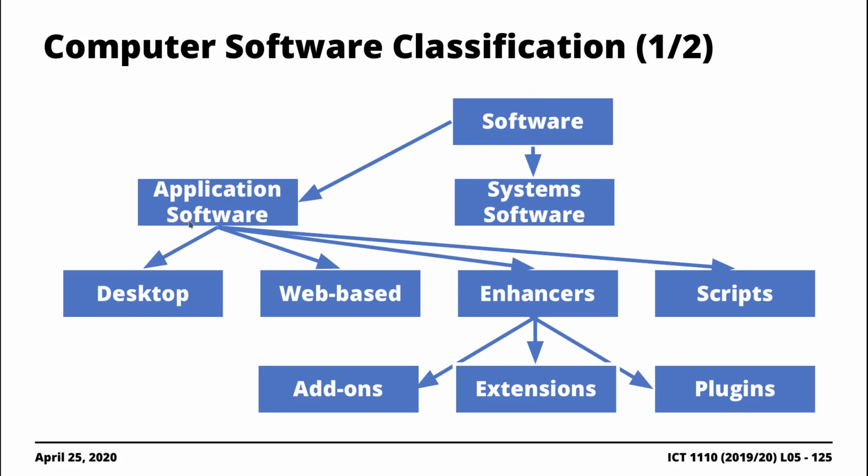It has a number of categories or subcategories associated with it, right? Desktop-based applications, web-based applications, scripts, libraries. We have special types of application software that enhance the functionality of existing software. So things we are calling add-ons, extensions, plugins, modules, right?